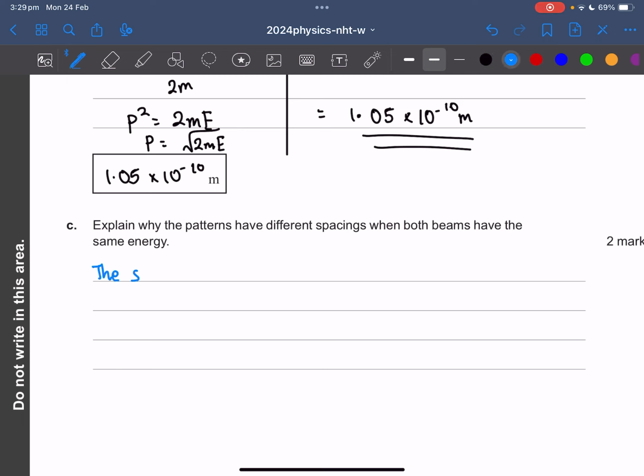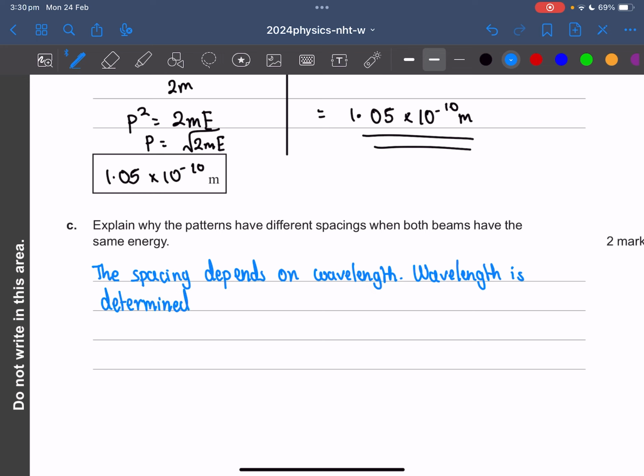So the spacing depends on wavelength. And wavelength is determined by momentum and not energy.